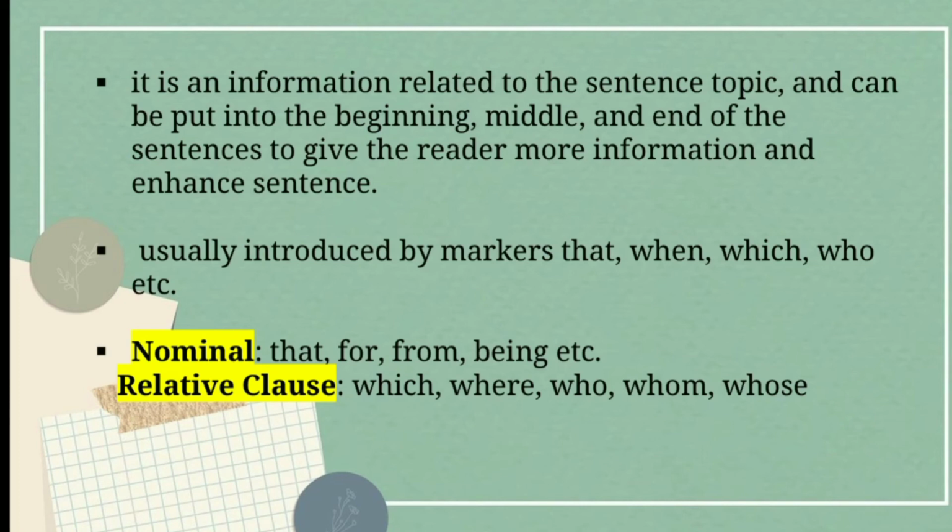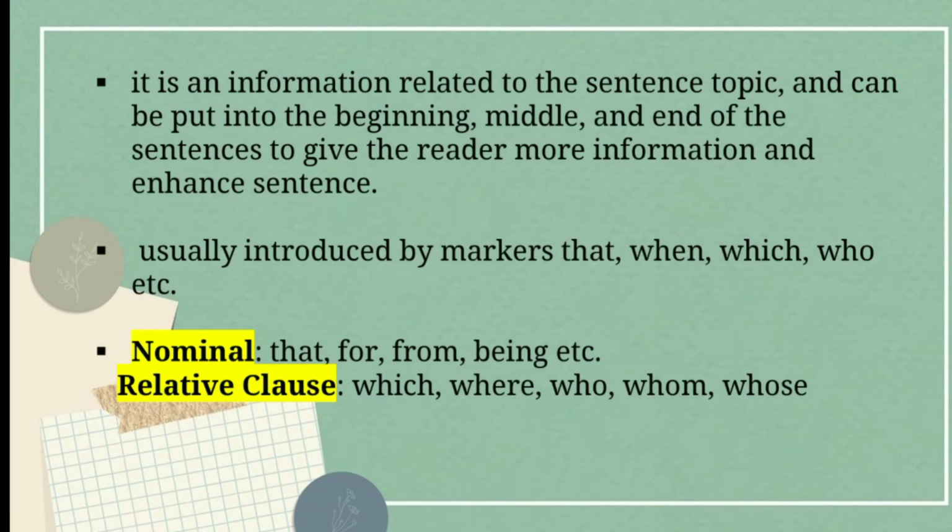So we have the relative clause, or the adjective clause, a dependent clause that modifies a noun or pronoun. It has a subject and verb but cannot stand alone as a sentence. It always begins with a relative pronoun. When we are referring to a person, we can use who, whom, that, or whose, or for a thing, which, that, whose.